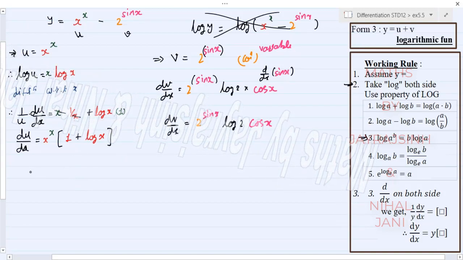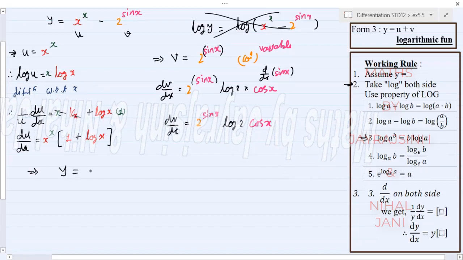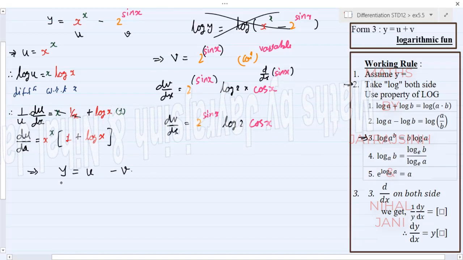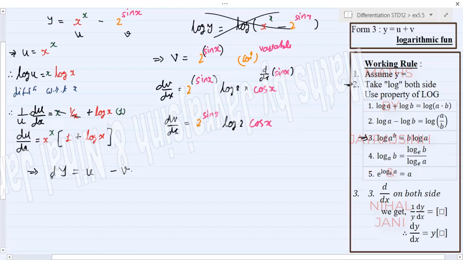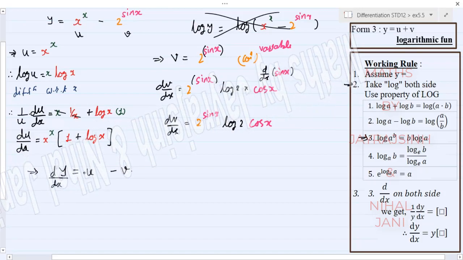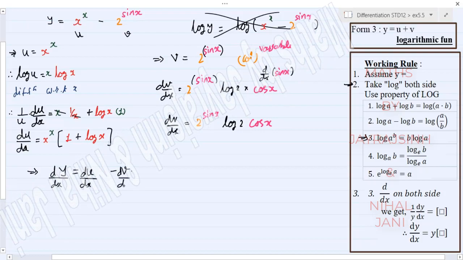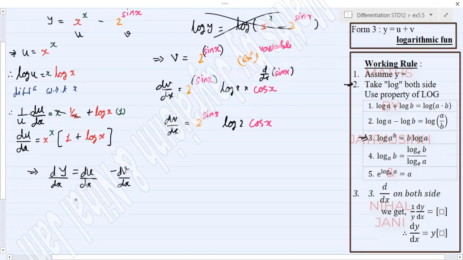Okay, now let's get back to our original question, in which we have y is equal to u minus v. So we can say, if we differentiate equation with respect to x, we will get dy by dx is equal to du by dx minus dv by dx, right?